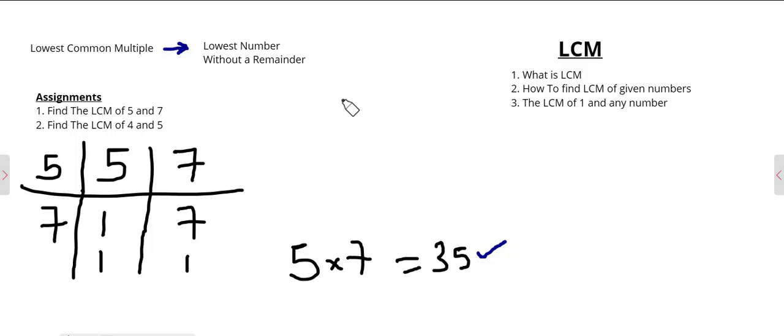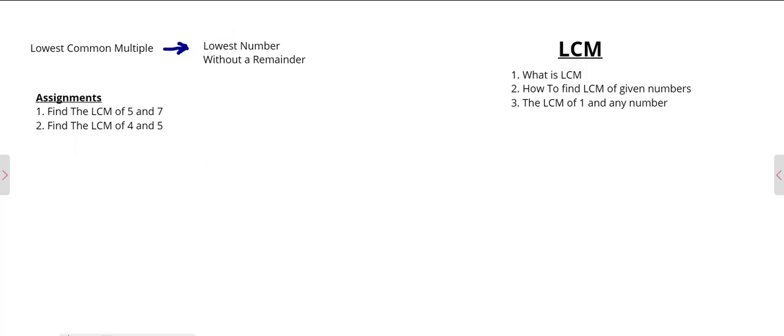So we'll be treating the other assignment, assignment number 2, which is the LCM of 4 and 5. So example 2 says the LCM of 4 and 5. So we have 4 here and we have 5.